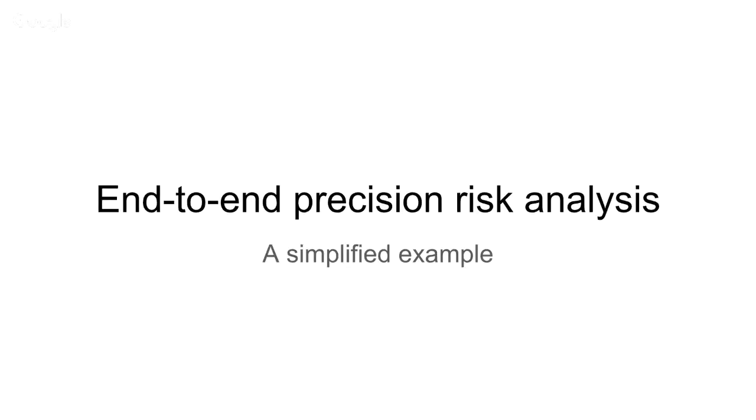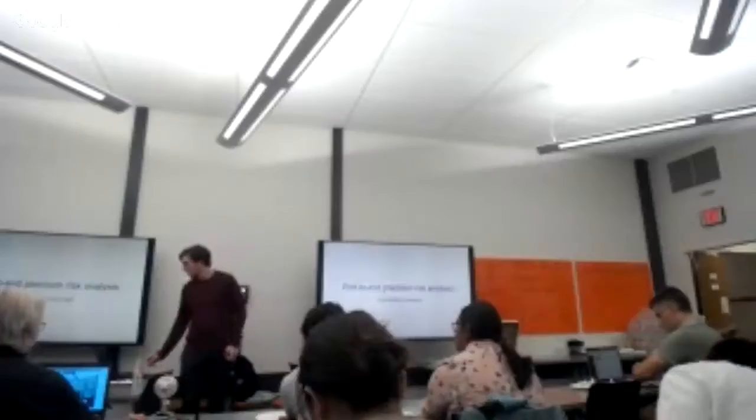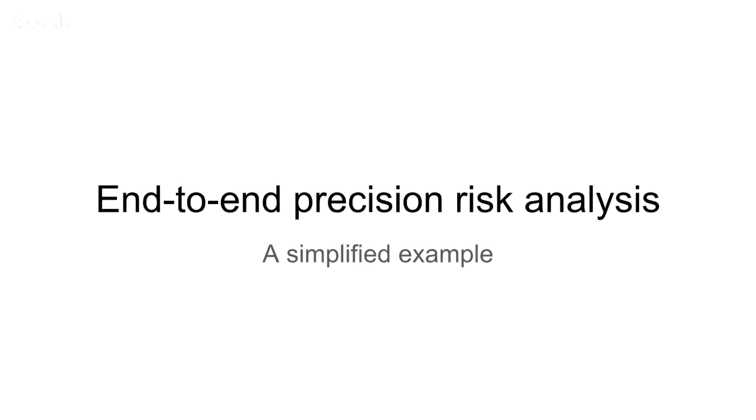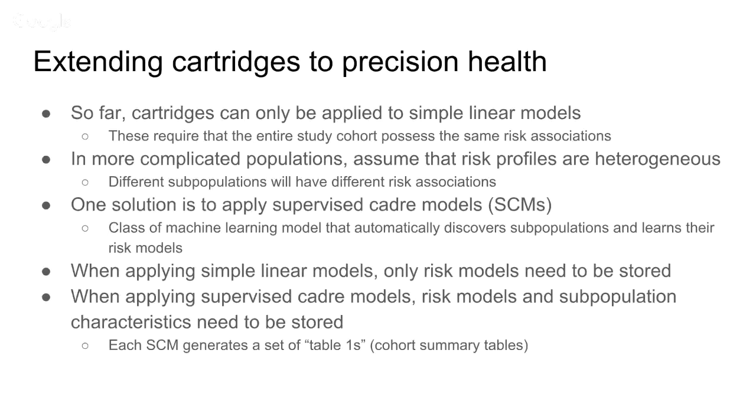So now we're going to take a step back and imagine a larger scale, end-to-end analysis. We've only talked about cartridges that can be applied to this simple linear model. If you're doing linear modeling, you're assuming that your entire population has the same risk profile in expectation.